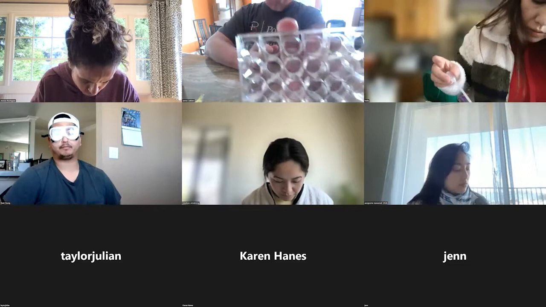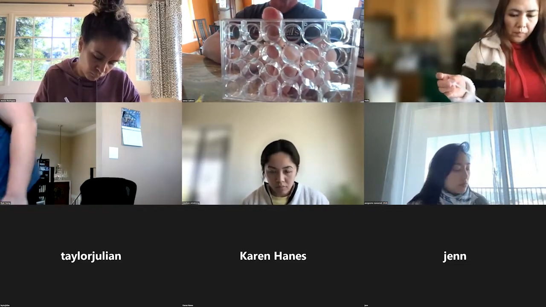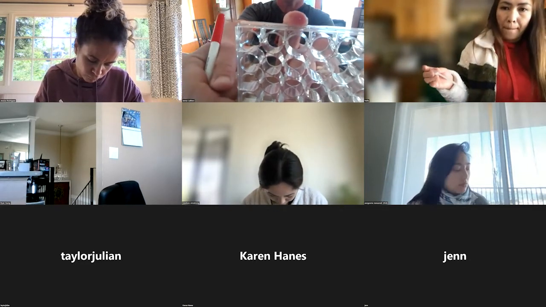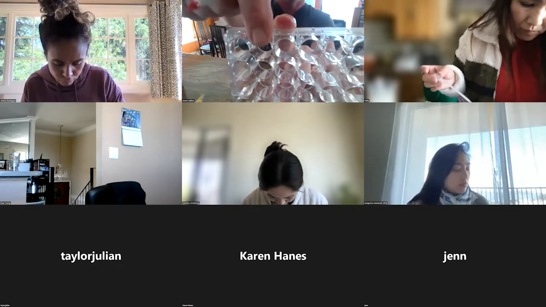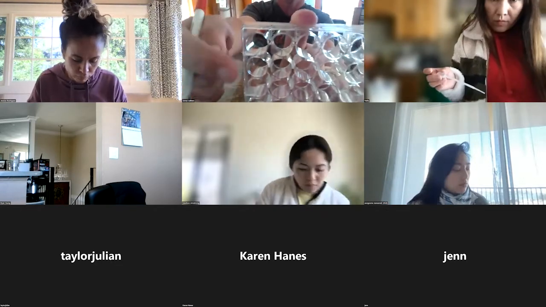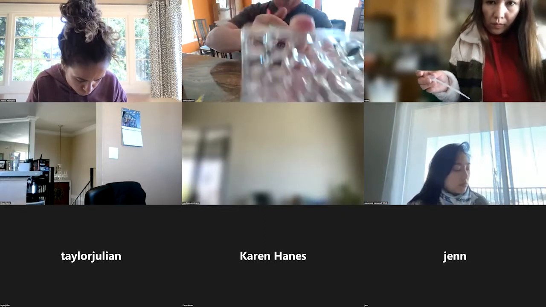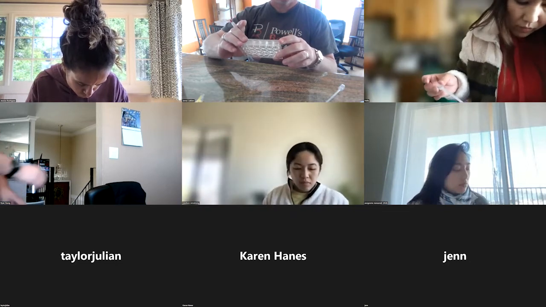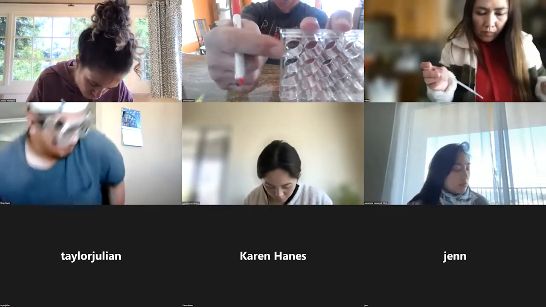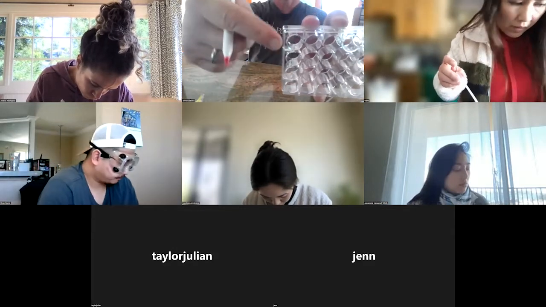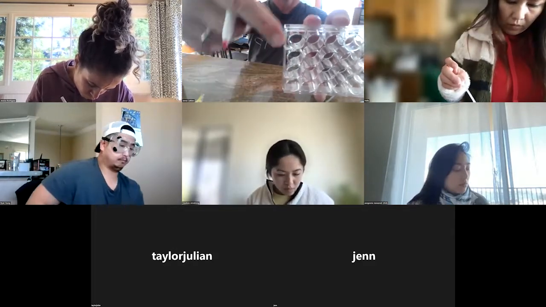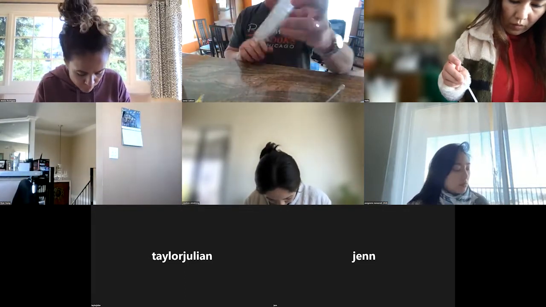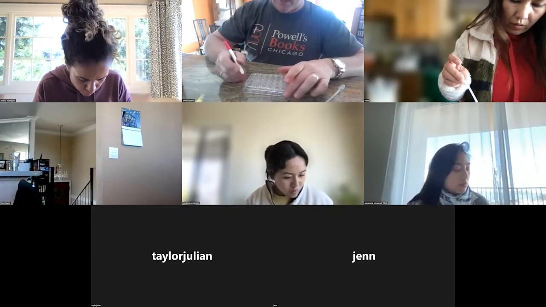Now notice on these plates, there's actually letters and numbers that helps you orient them. It's A, B, C, D, and then 1, 2, 3, 4, 5, 6. I'm used to 96 well plates, so they're labeled a little differently.